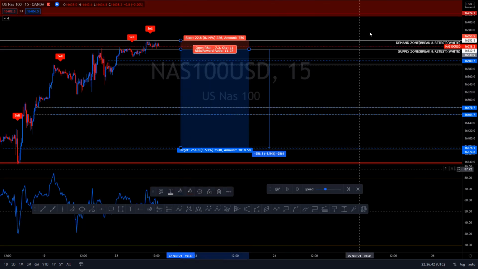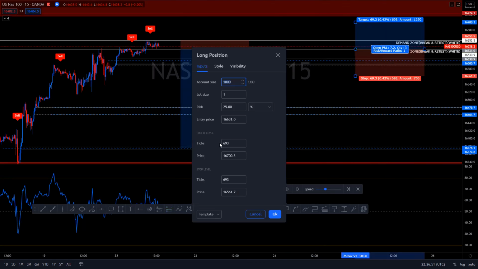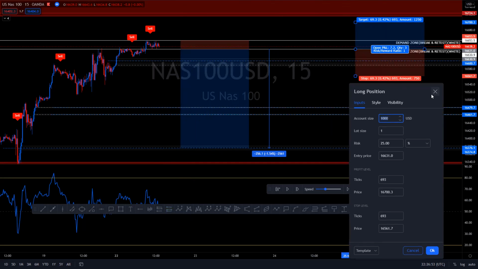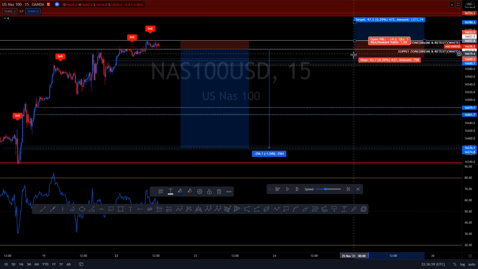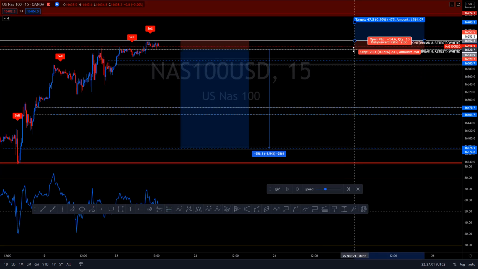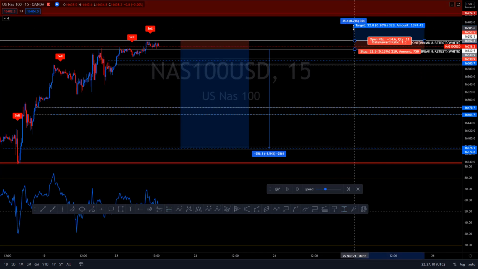Now, then I take my other risk to reward tool for the long position, and if price buys up, I'll be prepared as well to put in my stop loss, take profit, and entry price if I decide to do a pending order. So this is pretty much going to be entry, stop loss here. Want to get at least 200 pips in NAS. So from here all the way up to here, this is definitely 200 pips.